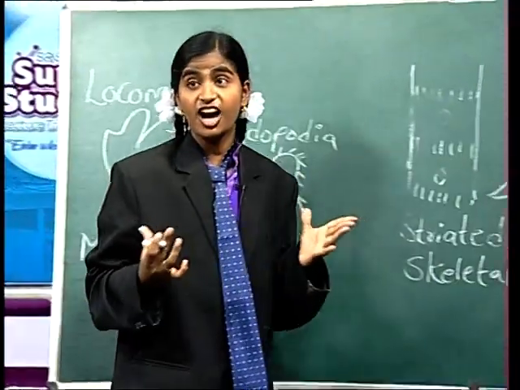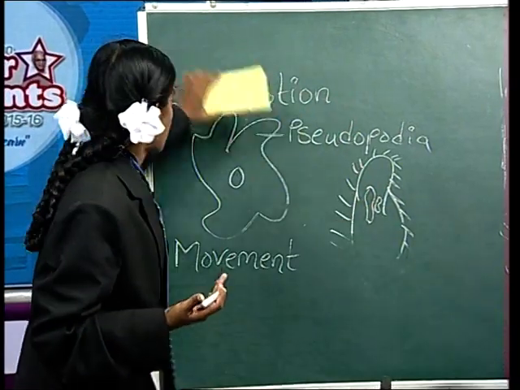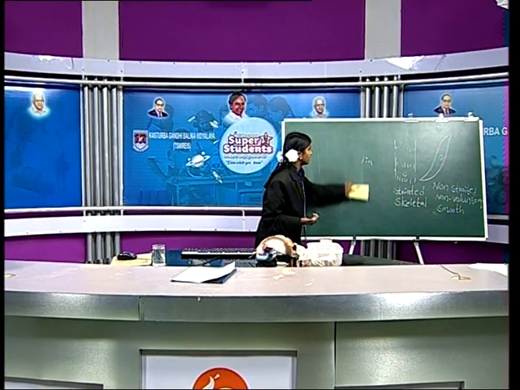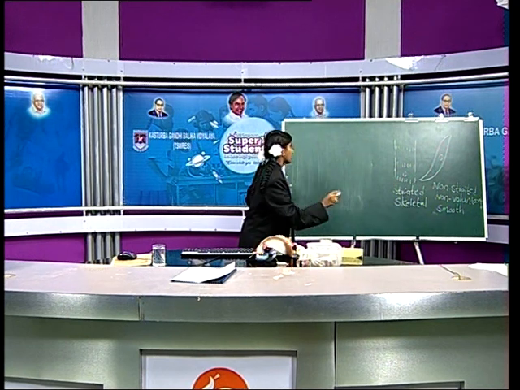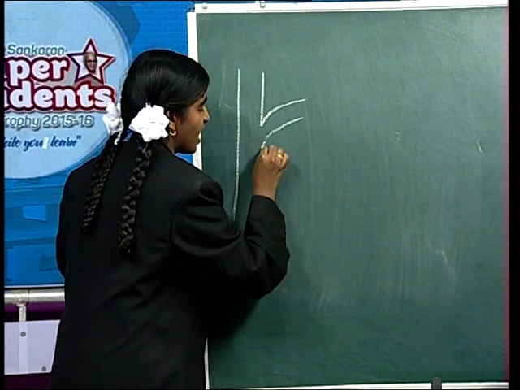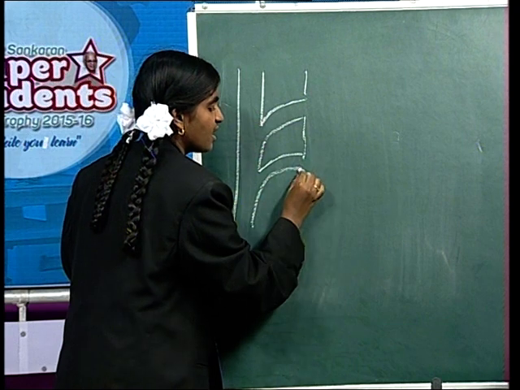Friends, another type of muscles have some special branches. They are very special. They have striations also. So, these are the branches of muscle. Friends, do you observe that?